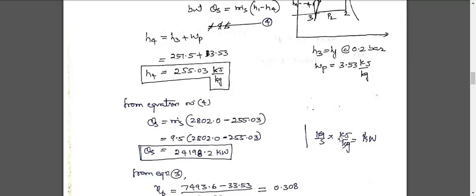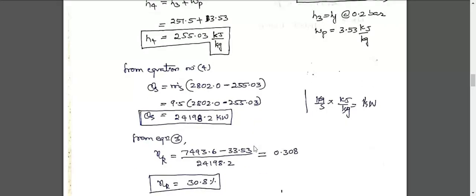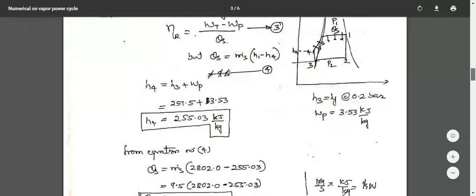Kg gets cancelled, so kilojoule per second. Kilo as it is, joule per second is watt. Remember, any value in kilojoule per kg multiplied with mass flow rate in kg per second will become kilowatt.